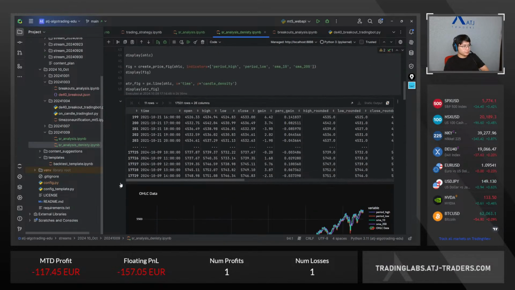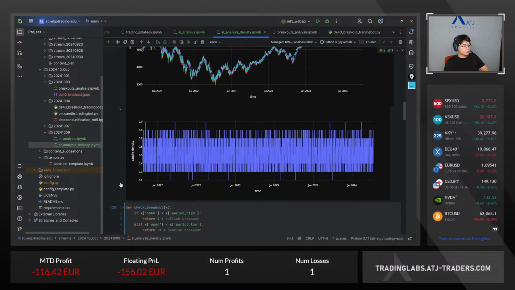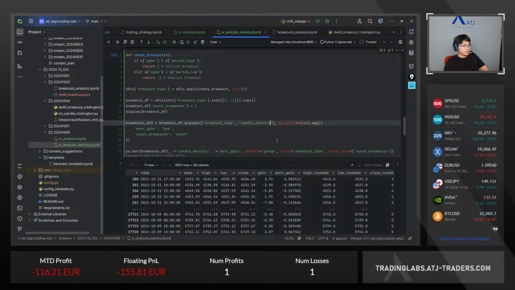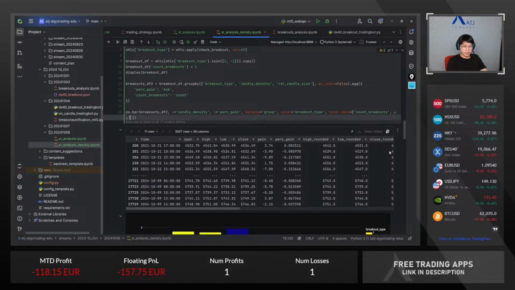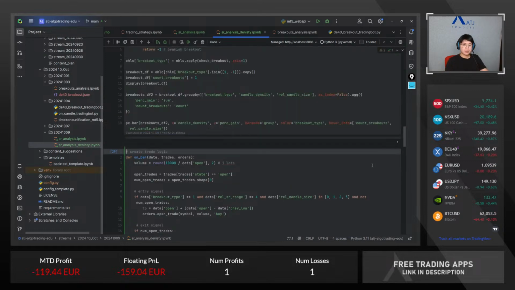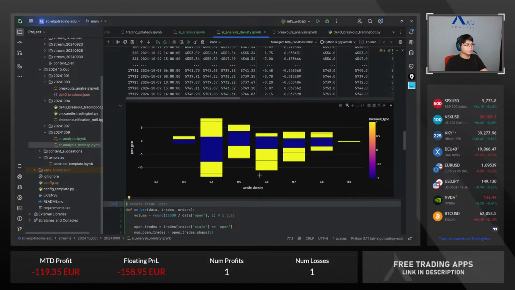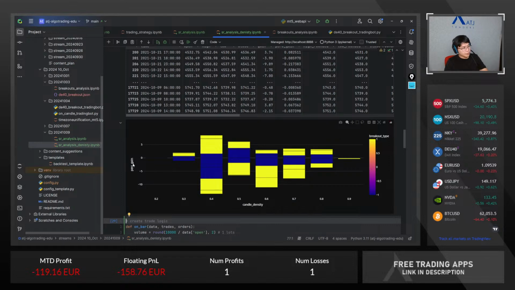Very interesting. And let's also add the relative breakout candle size into the analysis, and maybe that could work. So I think we're onto something.